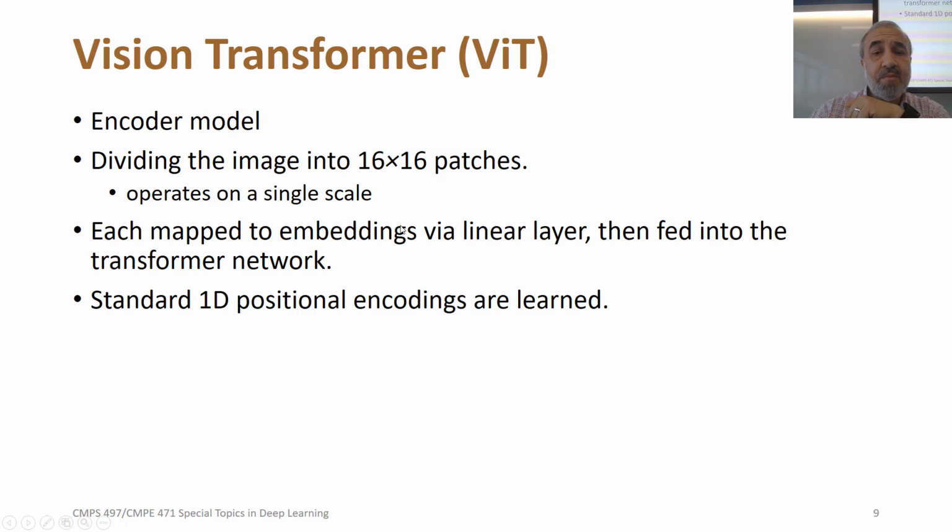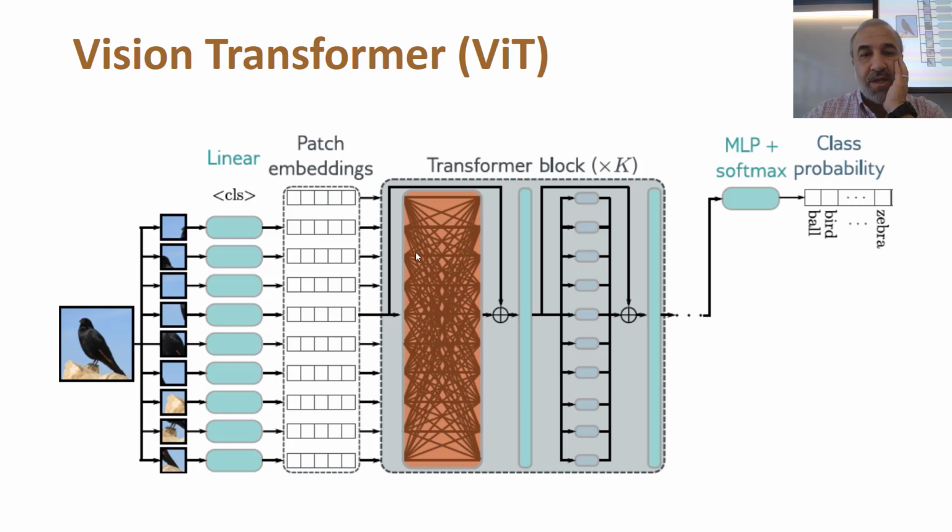difference. At the beginning, each patch is converted into an embedding via a linear layer before it is input to the transformer, and position encodings are also learned.